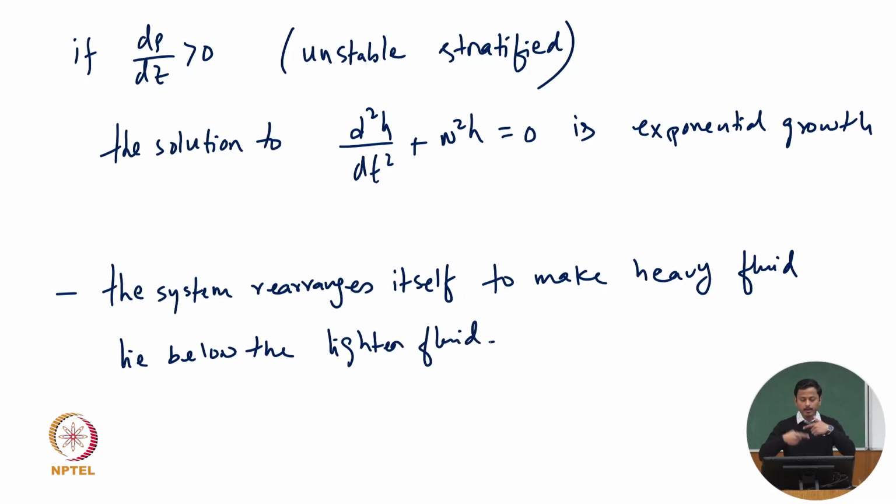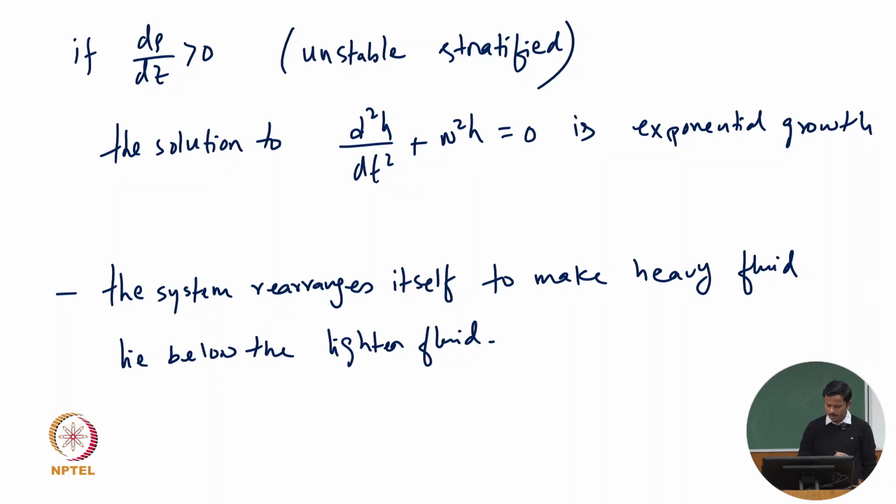The system quickly reorients itself to allow the heavy fluid to lie below the lighter fluid, because that is what is gravitationally stable, with gravity acting downwards as everywhere on Earth. So any heavy fluid will want to be at the bottom layer, while the lighter fluid would want to be on top of the heavier fluid. So the system rearranges itself. A slight perturbation will allow the system to become unstable, and this reorientation will start happening.